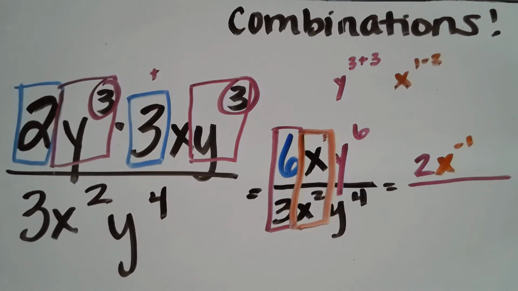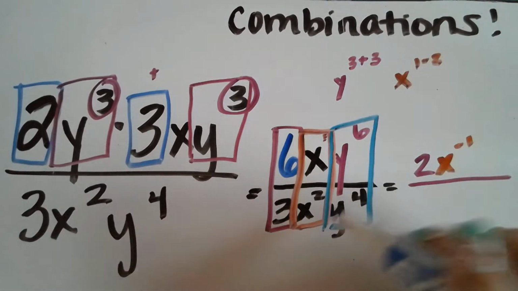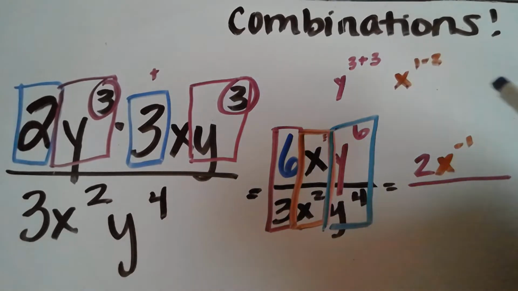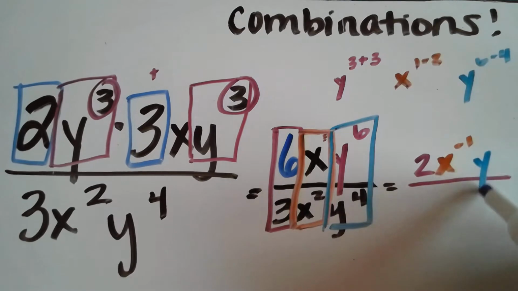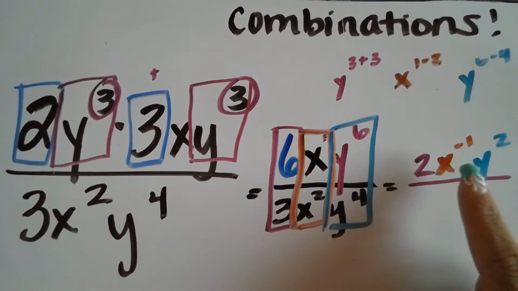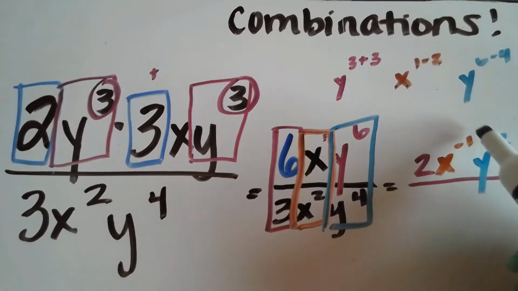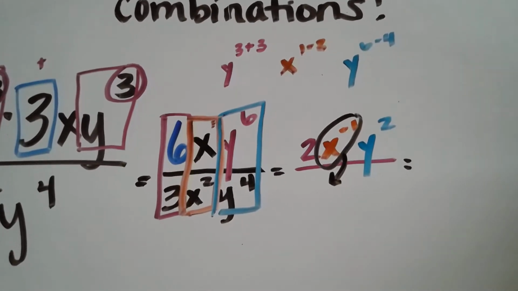And then we look at our y's. We have y to the 6th divided by y to the 4th, which is really y to the 6th minus 4. So that would be y to the 2. What do I notice about the x? I have a negative exponent, and when I have a negative exponent, I always want to bring that to the bottom of our fraction, because negative exponents are just not good.